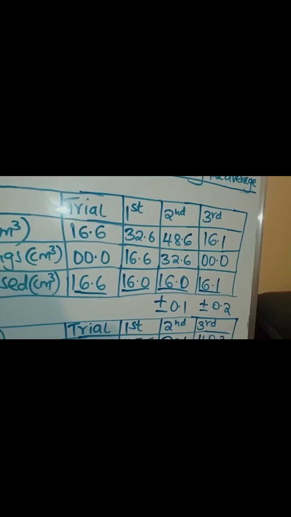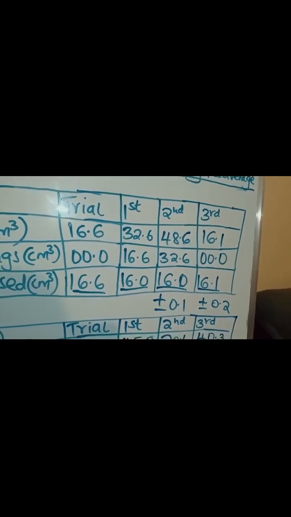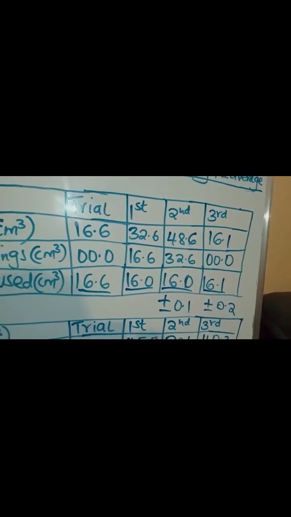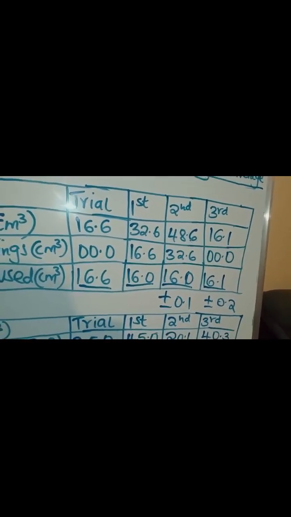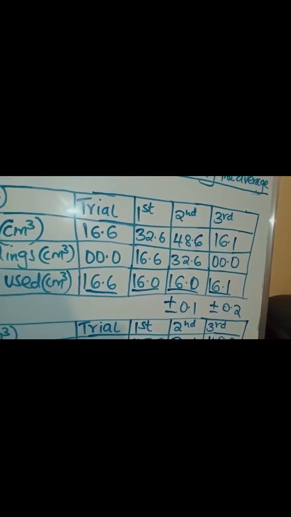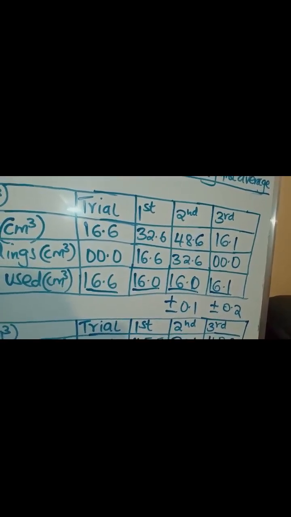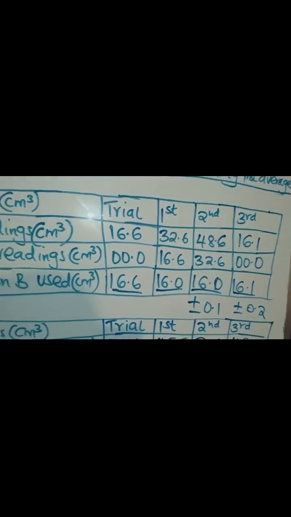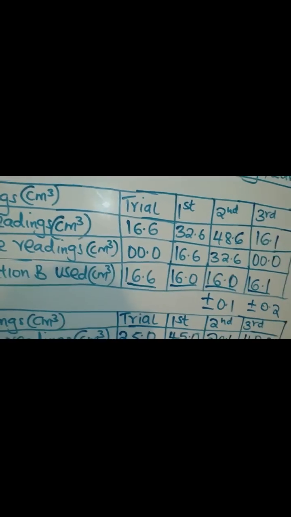If the difference is bigger than 0.1, then the biggest you should have is a plus or minus 0.2. If the difference is bigger than 0.2, then that is to mean that that value should be discarded, or you should not use it.